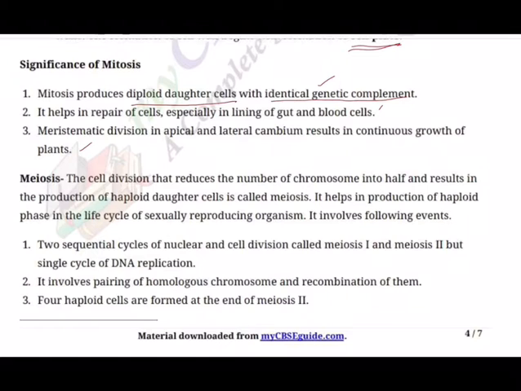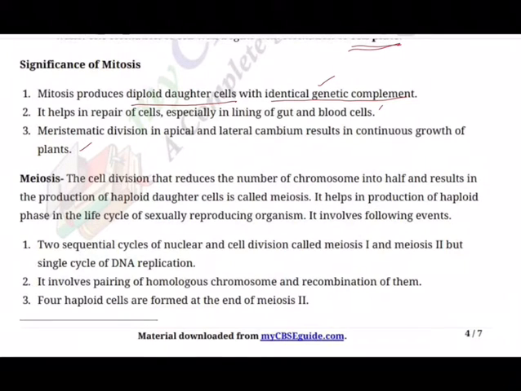Hence, thanks to meiosis, for meiosis creates sperm and ovum in case of animals including human beings, and in case of plants it is pollen grain and the ovum, without which no life exists.